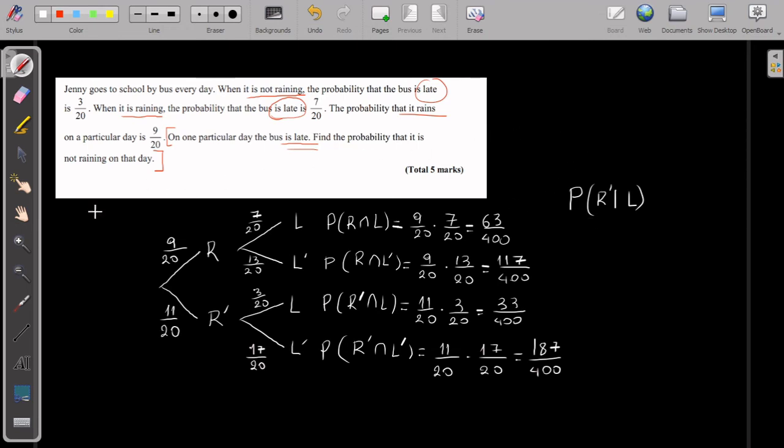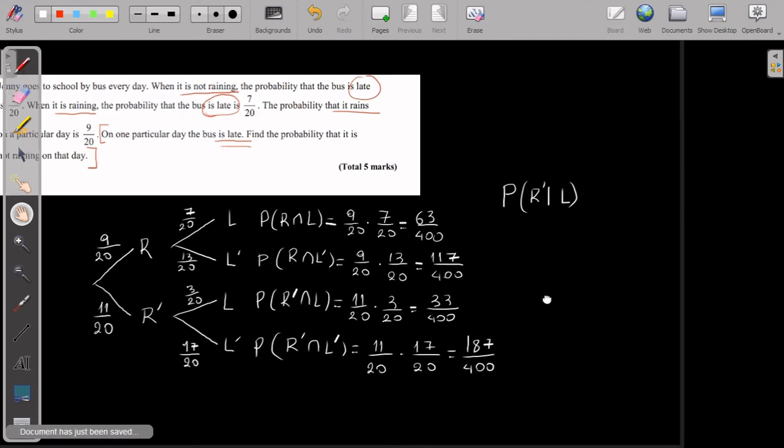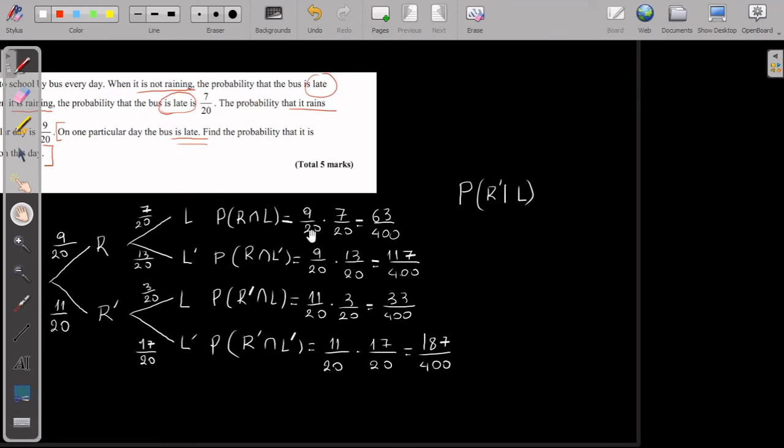Now, as we know, the conditional probability of an event A given B is the probability of the intersection of the two events over the probability of the given event.